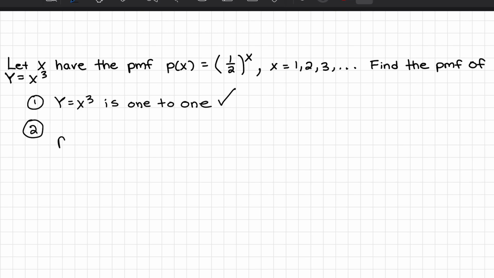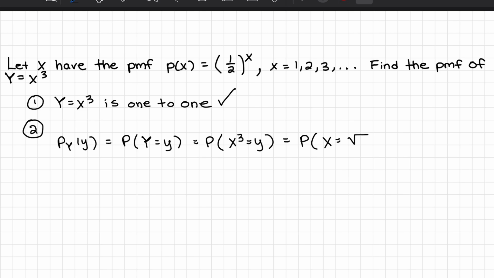I'm going to set the PMF of Y equal to P of Y equals little y, which equals P of X cubed equals Y. This is our transformation. Now we just need to solve for X. We need to find the inverse of this function. So we're going to make X equal to the cube root of Y. And now we're going to set this equal to the PMF of X with the cube root of Y inputted into it.